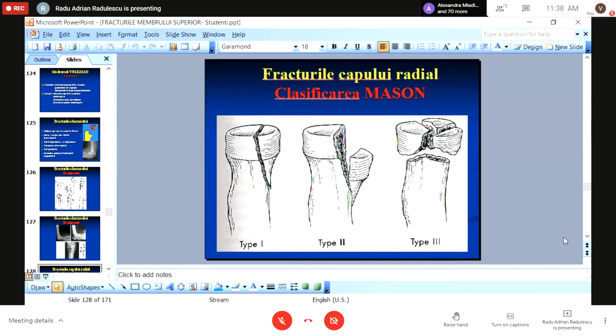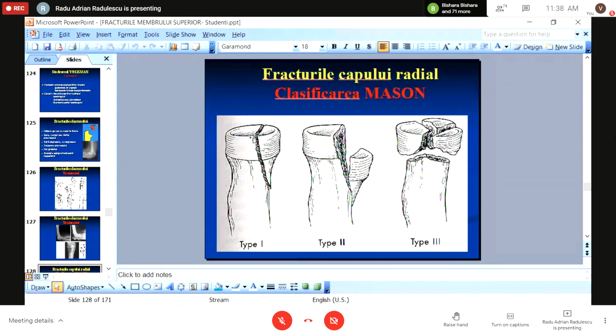Also, at the level of the elbow, we may get fractures of the proximal extremity of the radius this time. The proximal extremity of the radius is called the radial head. The radial head may get simple fractures, like we can see here, a non-displaced simple fracture, a displaced simple fracture, or a comminuted fracture.